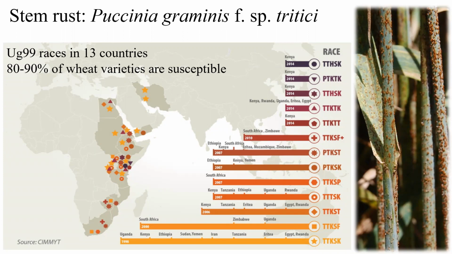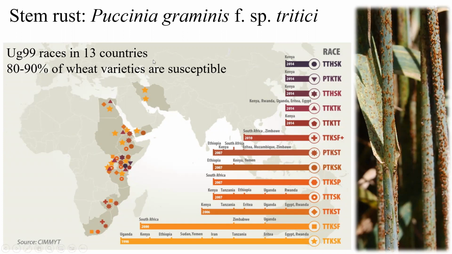However, in 1999, a new race appeared in Uganda called Ug99, and it has virulence on many of the stem rust resistant genes that are deployed in global wheat varieties, making 80 to 90% of wheat varieties susceptible to this race.